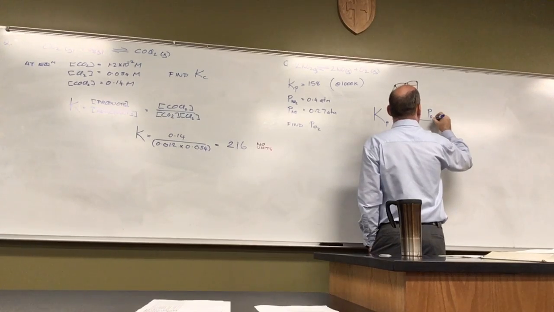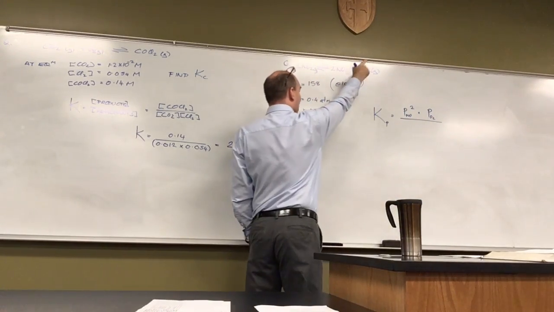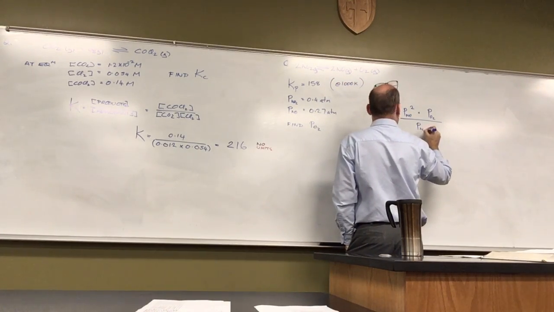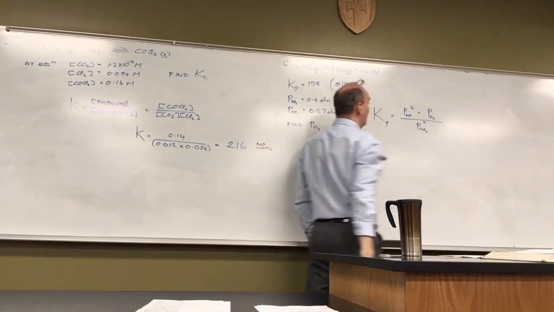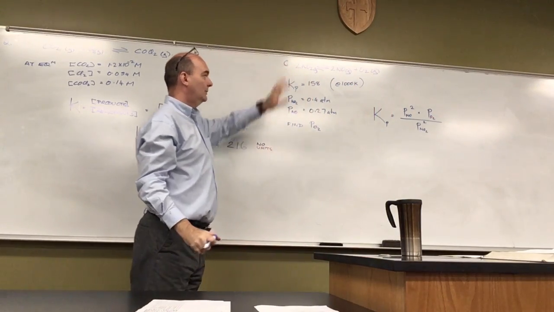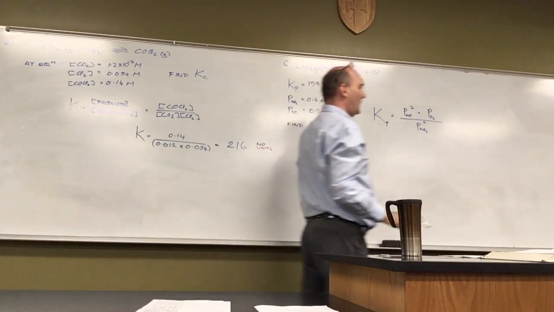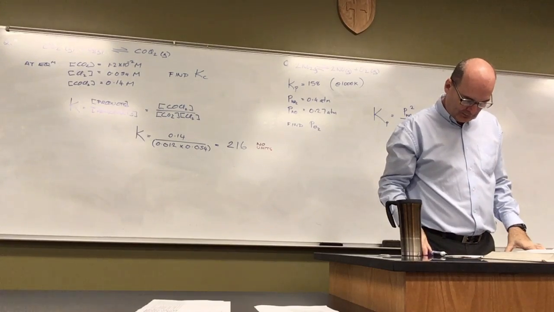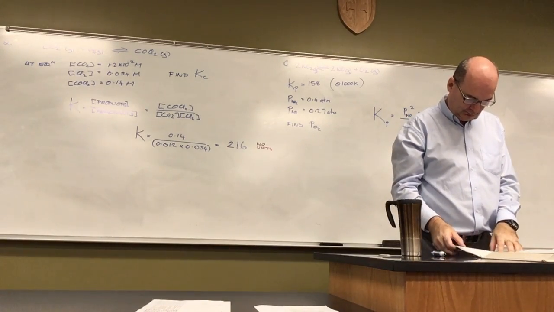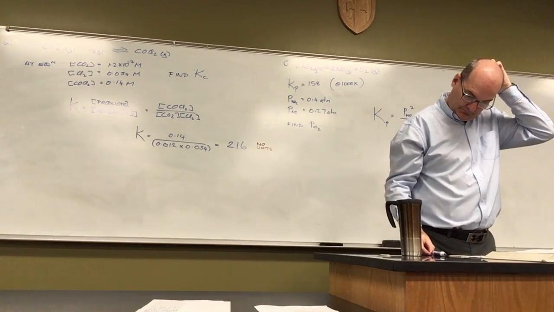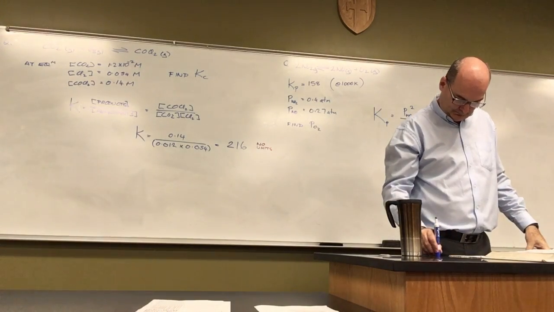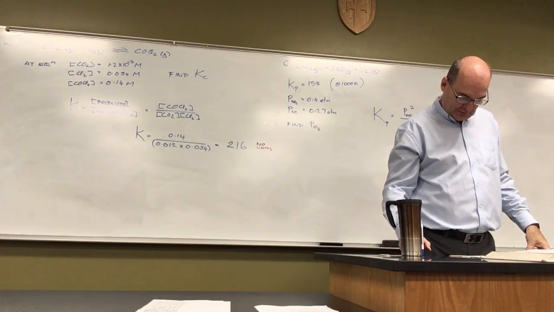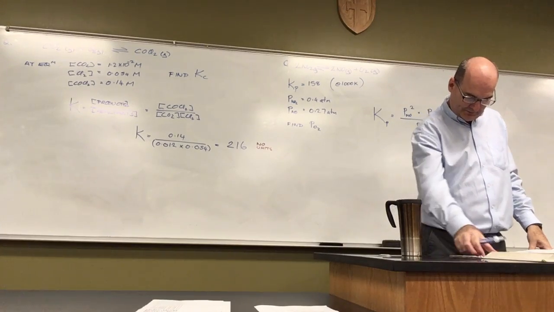Times the pressure of oxygen raised to the power of 1. All divided by the pressure of NO2, also raised to the power of 2. Okay, I can just put a few of those numbers in now, or I could rearrange now. In the way that I've done it, I have opted to put the numbers in.